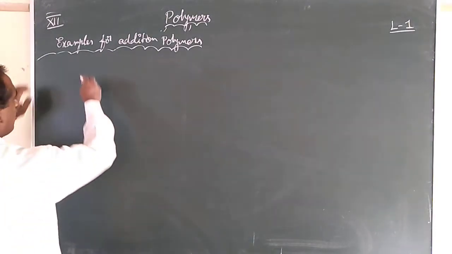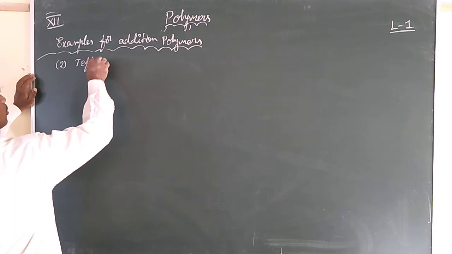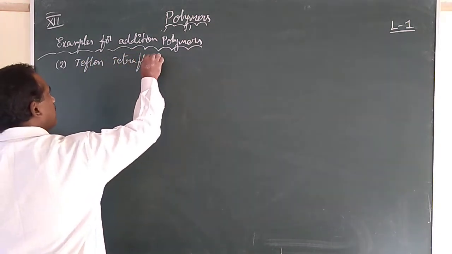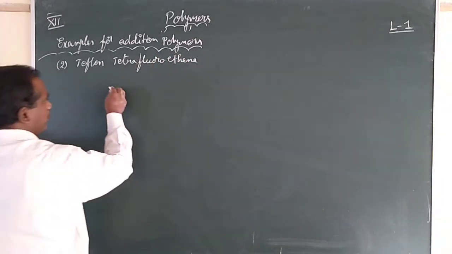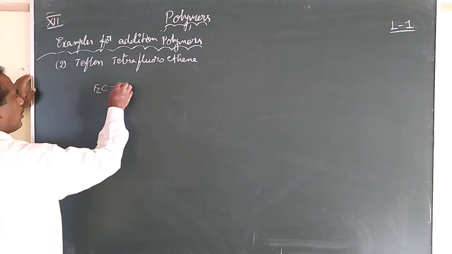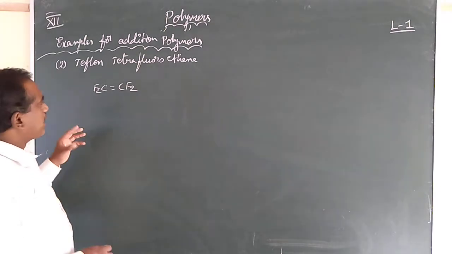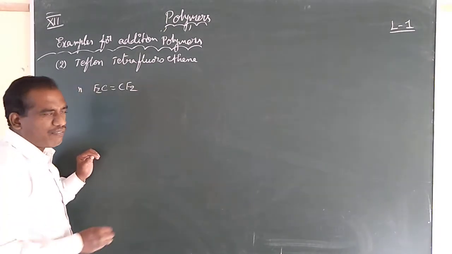What is meant by Teflon, children? Teflon is made from tetrafluoroethene, which means CF2=CF2. It is like ethene, but in place of hydrogens we have fluorines.